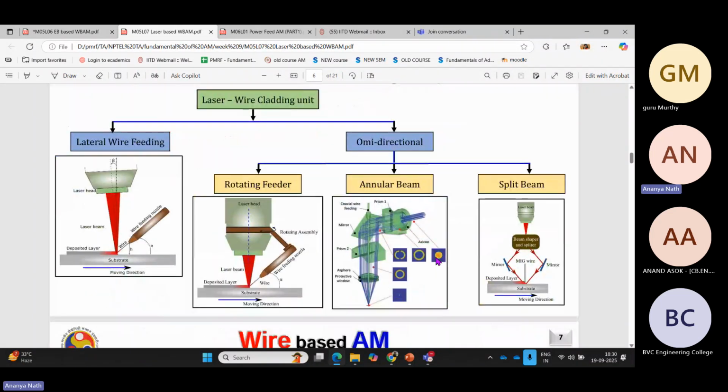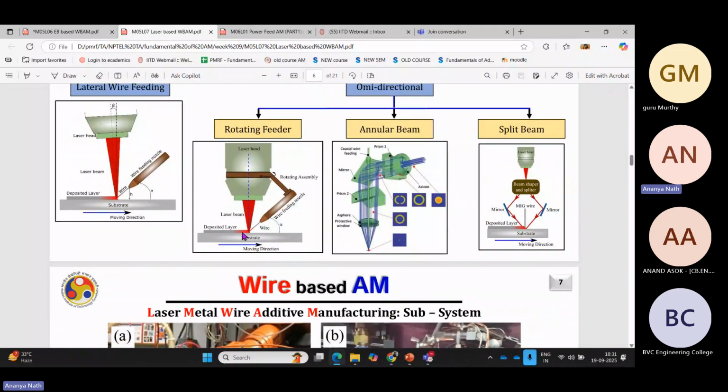In case of laser, there are a few lenses that need to be studied. I think previously we also studied the F-theta lens, the galvo scanner, the telecentric lenses. Those are a few types of lenses that you use for the laser beam. What is more important is that in case of wire, you can have side feeding, or you can have coaxial feeding.